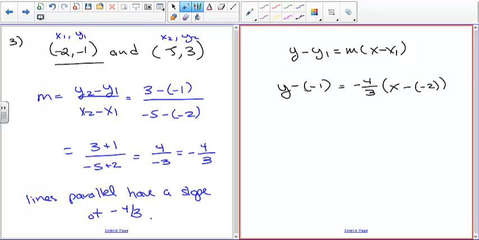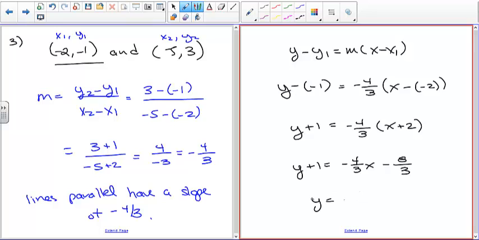Okay, so you get y plus 1 is equal to negative 4/3 times x plus 2. Then you distribute the negative 4/3 to both terms, so you get negative 4/3 x, and negative 2 times 4 is 8, so you get negative 8/3.